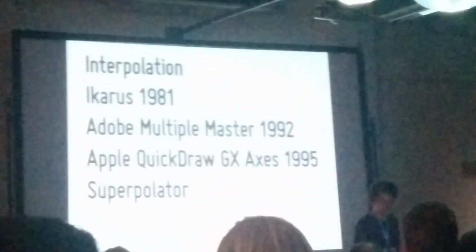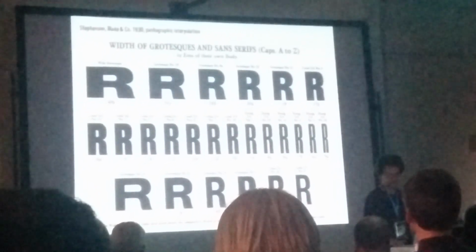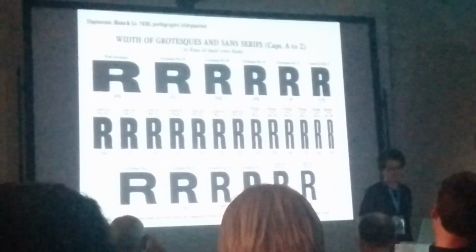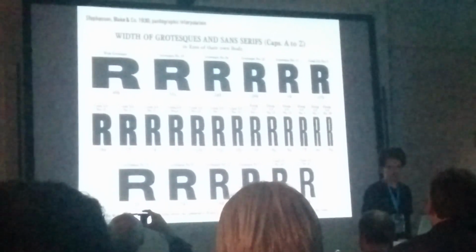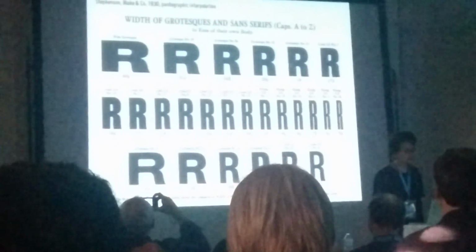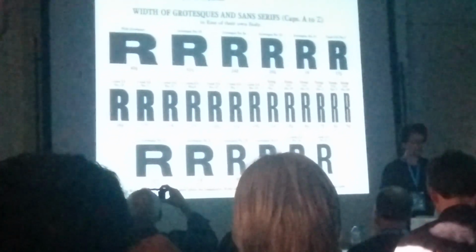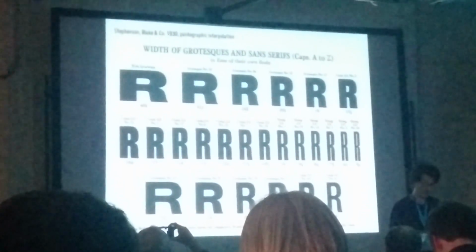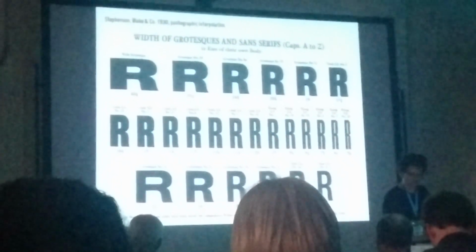So for interpolation, of course, a large number of family members was already possible for computers with parametric distortion. And interpolation, that you've just seen with Erik's talk today, is essentially quite simple.